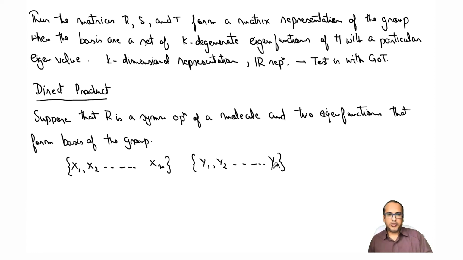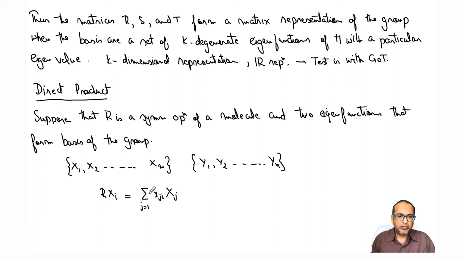Okay. So now if we want to write in shorthand notation, we can write R x_i as a summation over j from 1 to m of small x_ji times x_j, right?